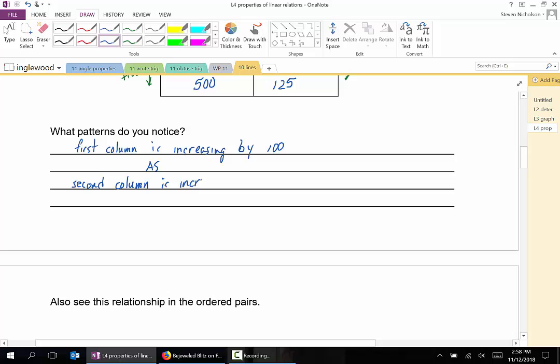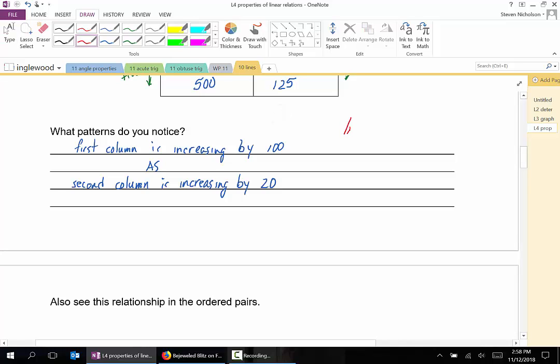So there are patterns, but these patterns are connected. Once you change one, you change the other. So whether you realize that this is a linear relationship or not, if we can find a pattern in a table, that's going to tell us it is linear.